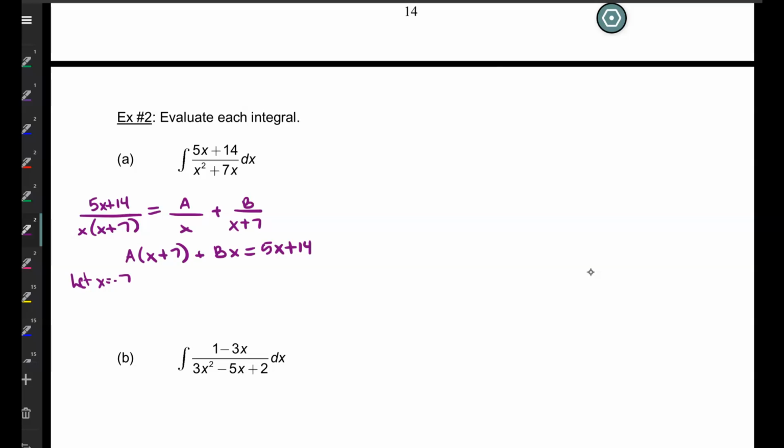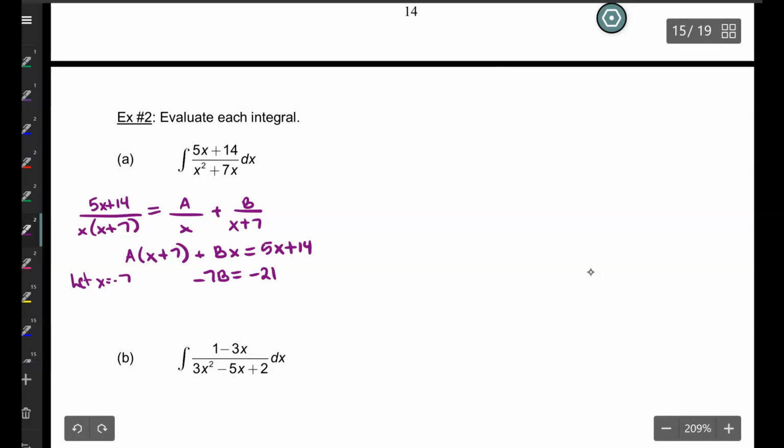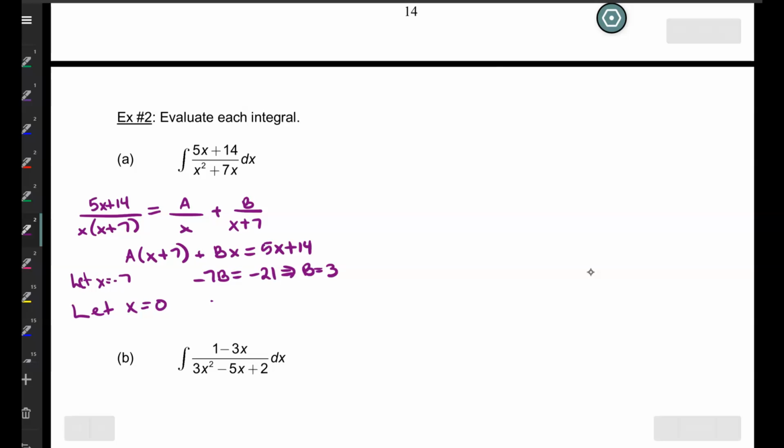We should get negative 7B equals, and that's going to give us negative 21 here. So B is equal to 3. When we let x equal 0, that's going to give us 7A equals 14, which results in A equals 2.